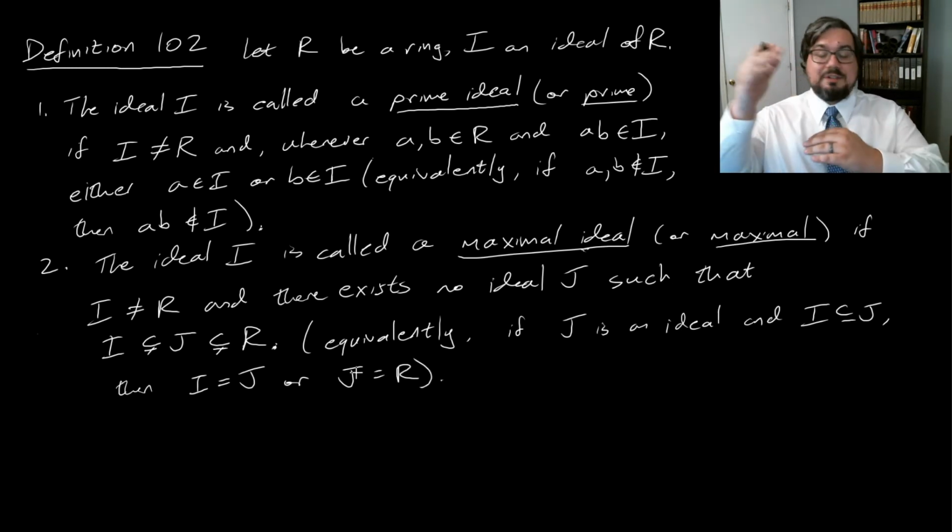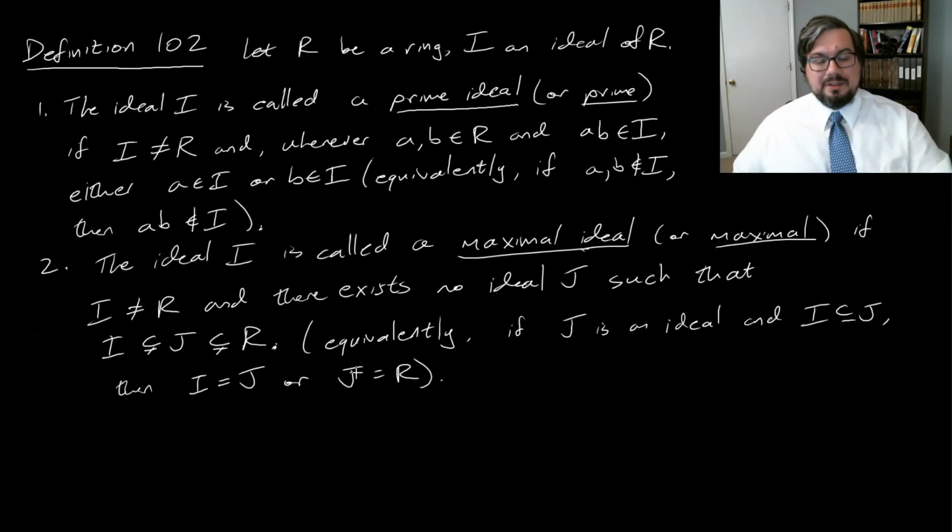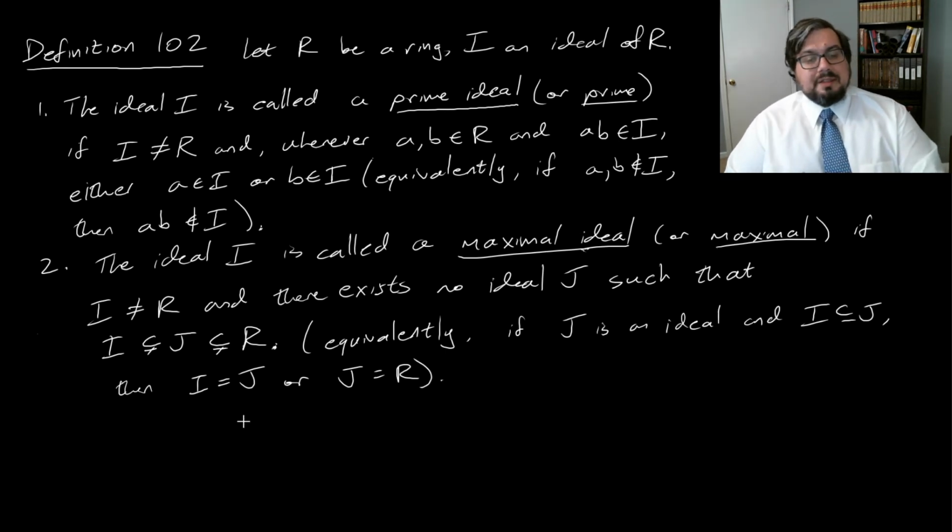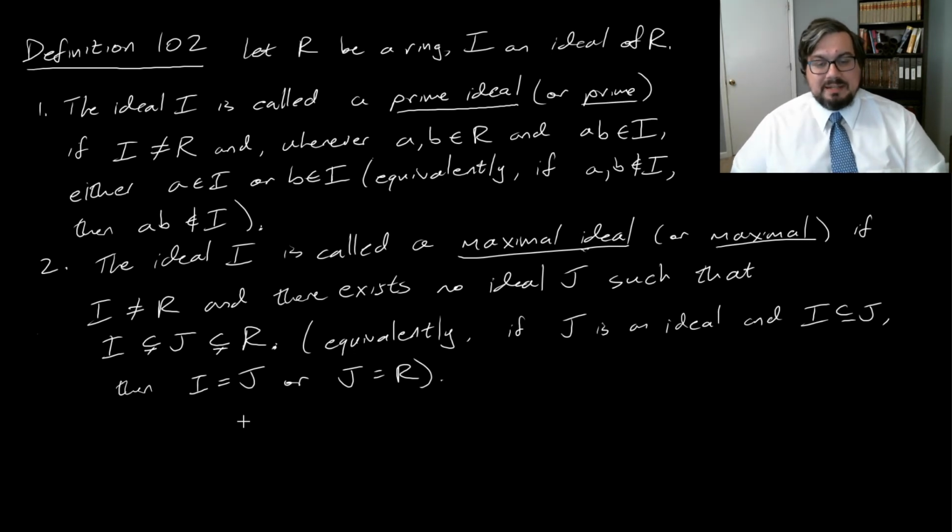There's no room in between the ideal I and the whole ring R for another ideal. So these are the two big types of ideals that we're going to be talking about: prime ideals and maximal ideals. At first glance, it's not at all obvious that there should be any relationship between them. However, it turns out that there is a strong one, which we're not going to state yet until we prove a couple theorems about ideals with these properties.